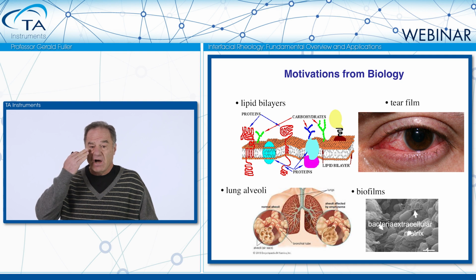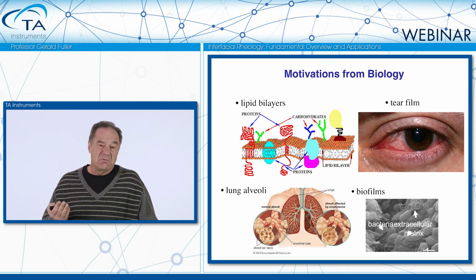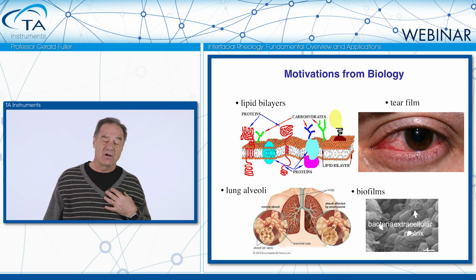The tear film of our eyes, that's a very important, very thin, micron-thick layer of water and protein, but you've got to stabilize it, and that's done by a lipid layer that's spread when you blink. Likewise, in our lungs, we have the alveoli, and the body produces a special surfactant that helps stabilize that layer.